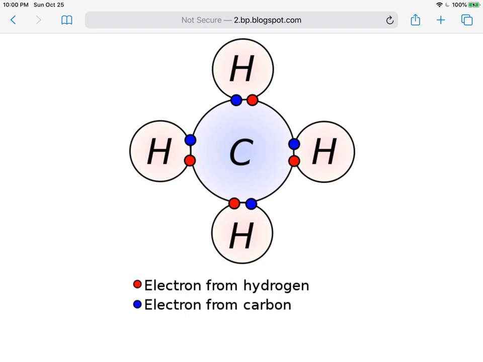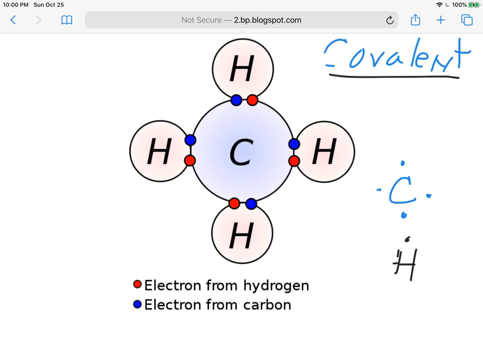Now here you have a covalent bond, and how do we know that it's covalent? Because you have two nonmetals coming together. So here carbon has a valence electron number of 4, and hydrogen has 1 valence electron. Because of this, covalent bonds share electrons.